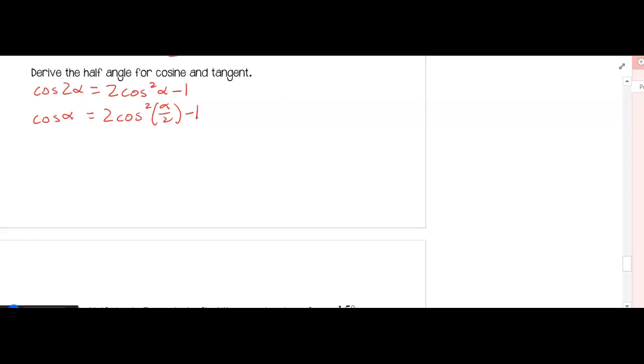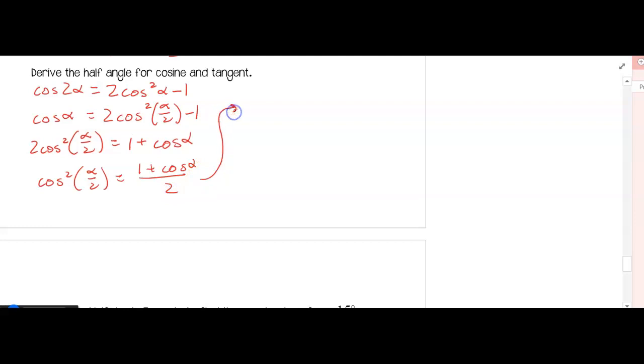Right, so I'm going to rearrange a little bit. So I've got 2 cosine squared alpha over 2 is going to be 1 plus cosine alpha. Again, just rearranging. Divide both sides by 2. Cosine squared alpha over 2 is equal to 1 plus cosine alpha over 2.